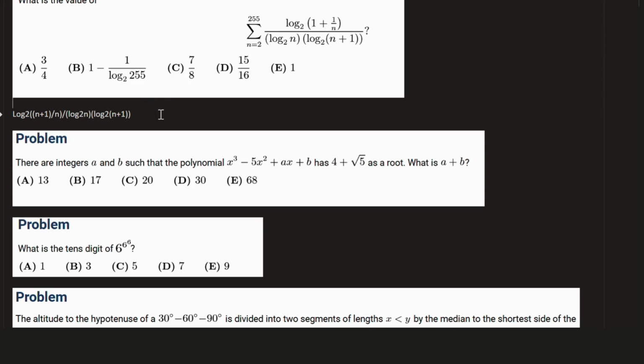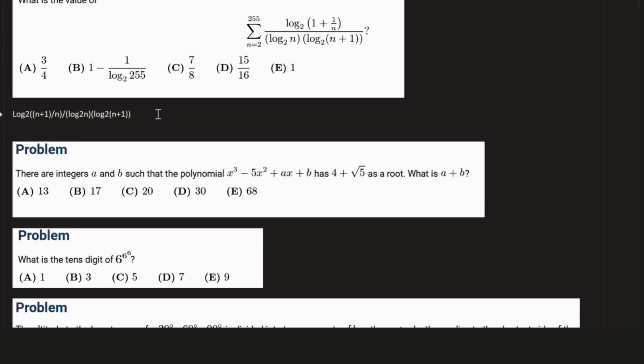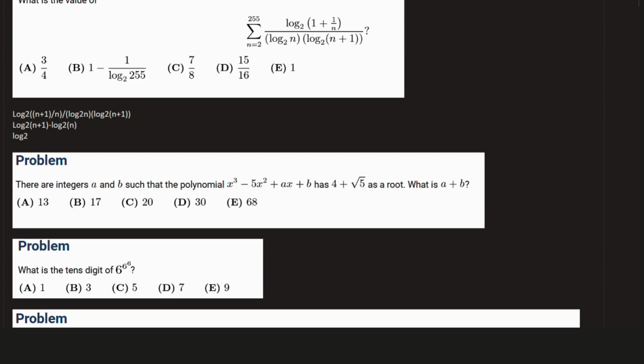Since we have this expression, we can first use one of the logarithm rules we know. We know that log 2 of n plus 1 over n can be simplified to log 2 of n plus 1 minus log 2 of n. Using this, we have log 2 of n plus 1 minus log 2 of n over log 2 of n times log 2 of n plus 1.